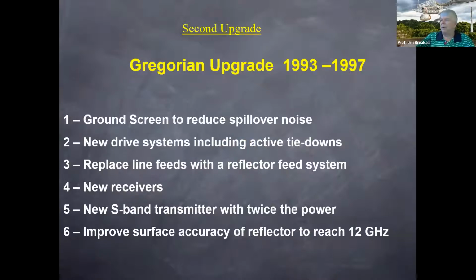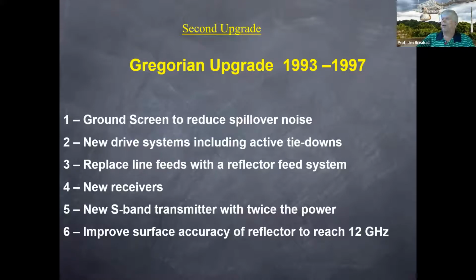Okay, so I mentioned another upgrade came, and this was in 93 to 97, and it's called a Gregorian. There are different types of telescopes, optical telescopes, that have multiple mirrors or multiple lenses. There's one that's called a Cassegrain, and then there's Gregorian.